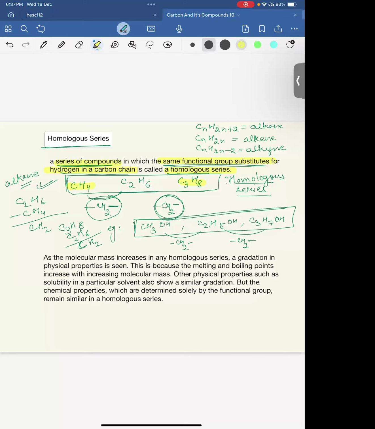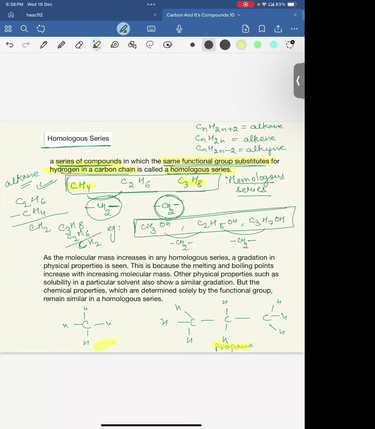For example, this is methane and this is propane. Which of them will melt at higher temperature?